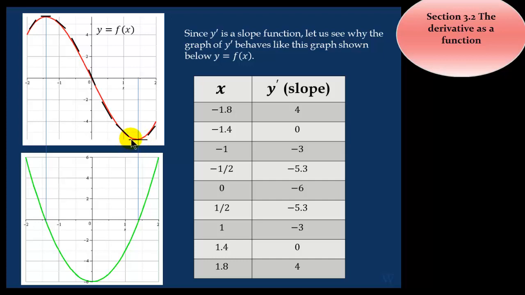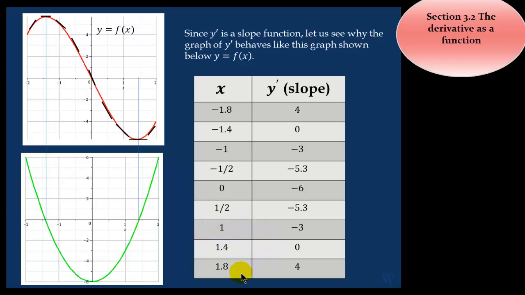That means when the curve of the original function changes direction from negative slopes of the tangent lines, before it becomes positive, it'll go through 0 because it will have a horizontal tangent line, therefore the slope is 0. So when x is equal to 1.4, the slope is 0, so you graph the corresponding derivative function at 1.4, 0, and there it is.